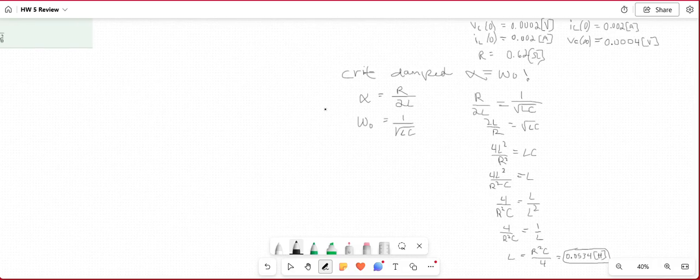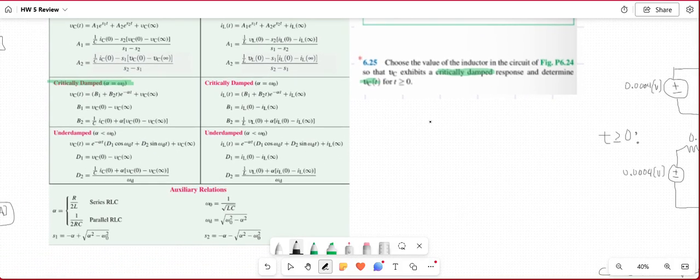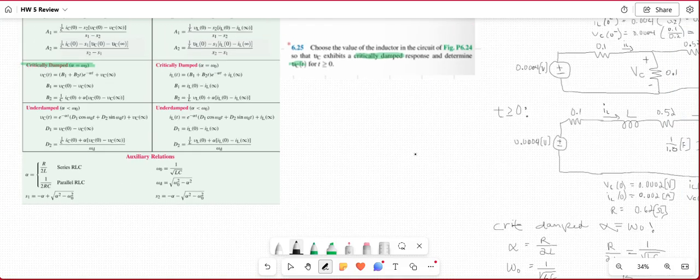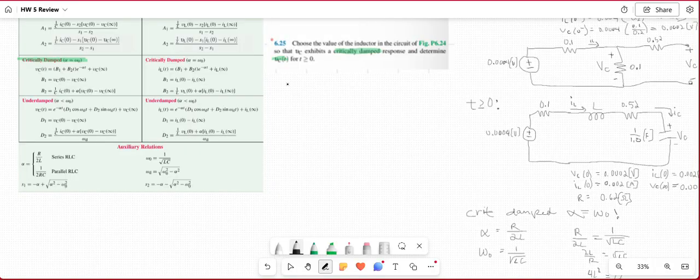Okay, so now we have our L value. Now we can find, wait, what do we still need to find? Oh yeah, now we can find alpha and W naught.